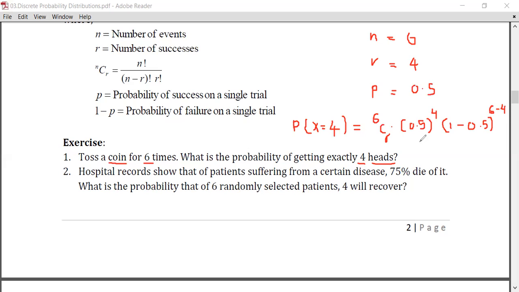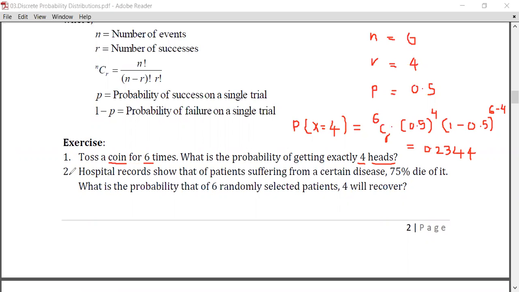If you go through the calculation, you get the value 0.2344. Therefore, this is the probability of getting exactly 4 heads when you toss the coin 6 times.